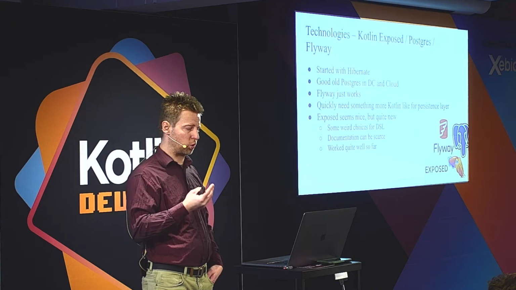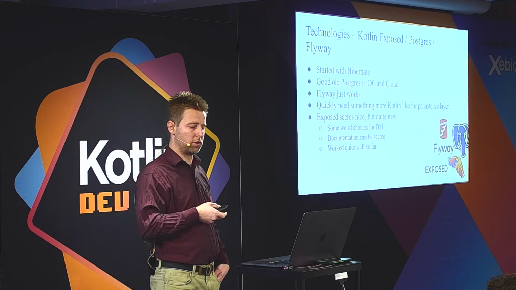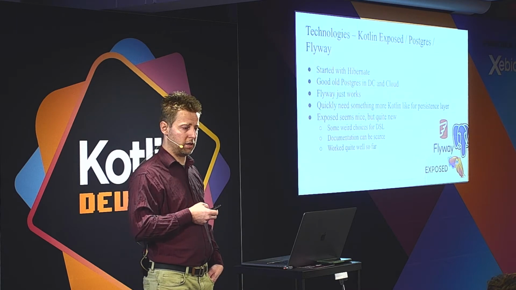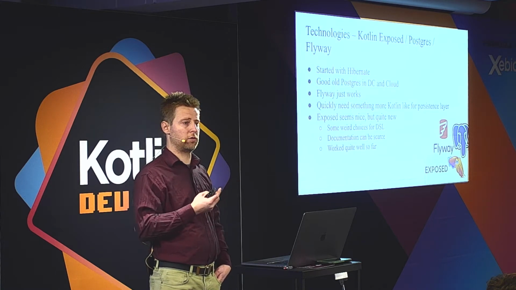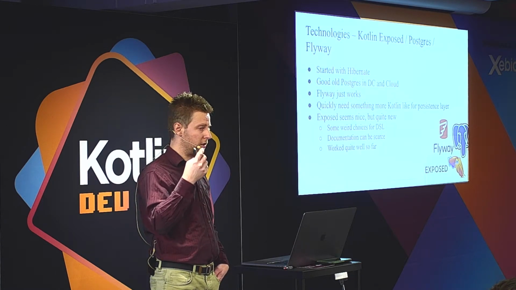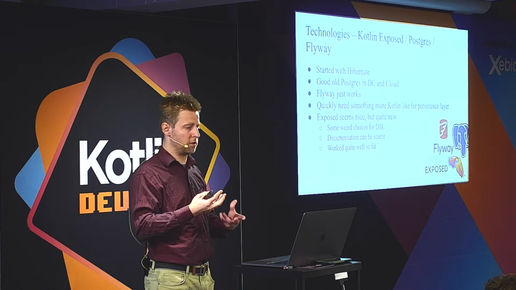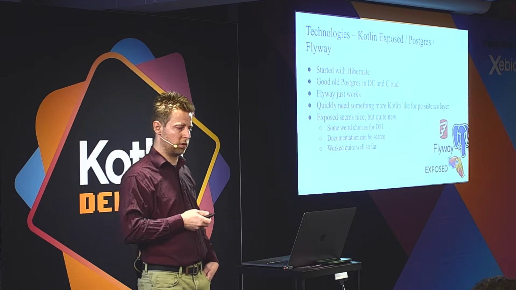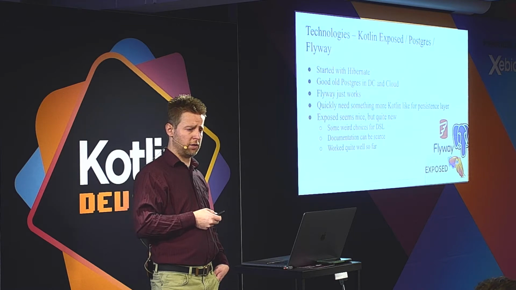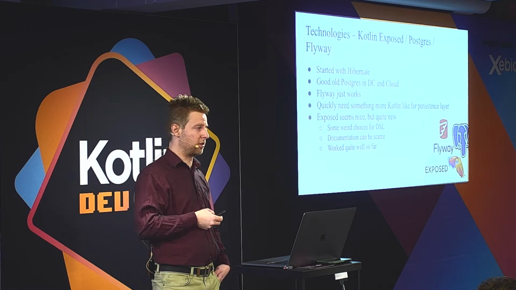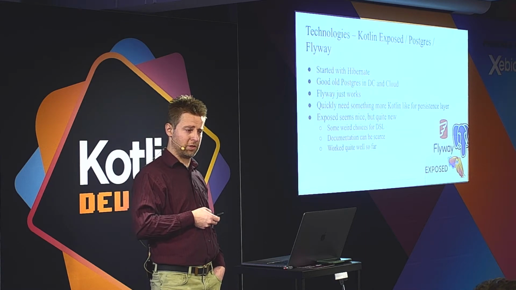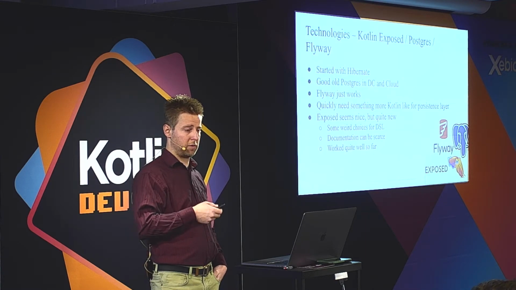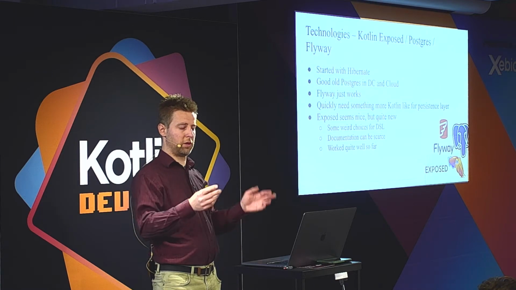So it's much more idiomatic Kotlin to work with, and makes it much more natural to continue the functional thinking, the data oriented thinking you get used to in Kotlin. We used it with Postgres. I think everyone knows and uses Postgres if they are in some kind of environment. And we use Flyway to make it very easy to just build up our state.